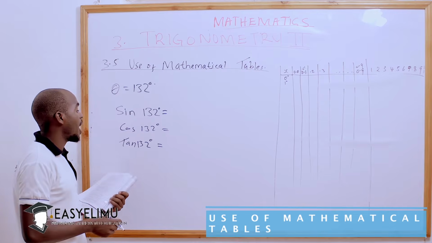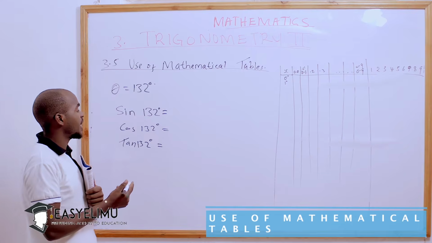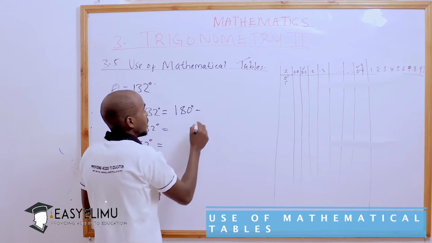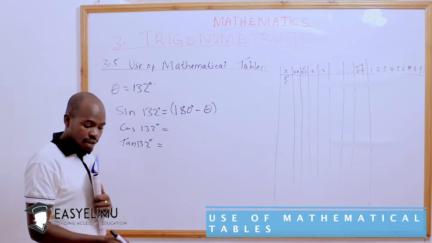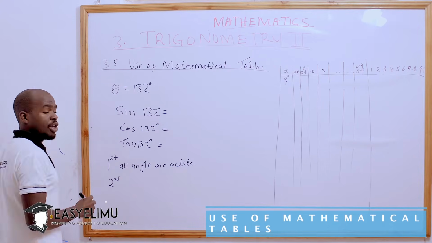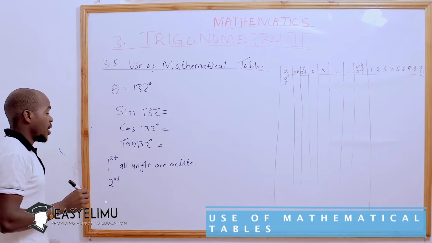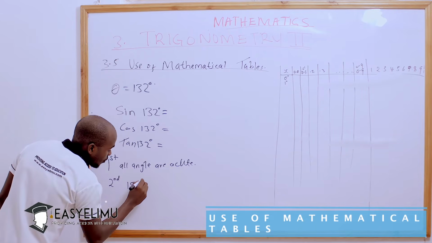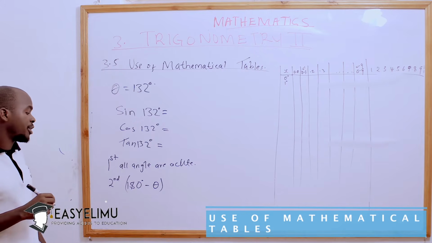We found that if an angle lies in the second quadrant, to find an acute angle in that quadrant, you take your angle and subtract it from 180 degrees. You will find an acute angle equivalent to that angle.